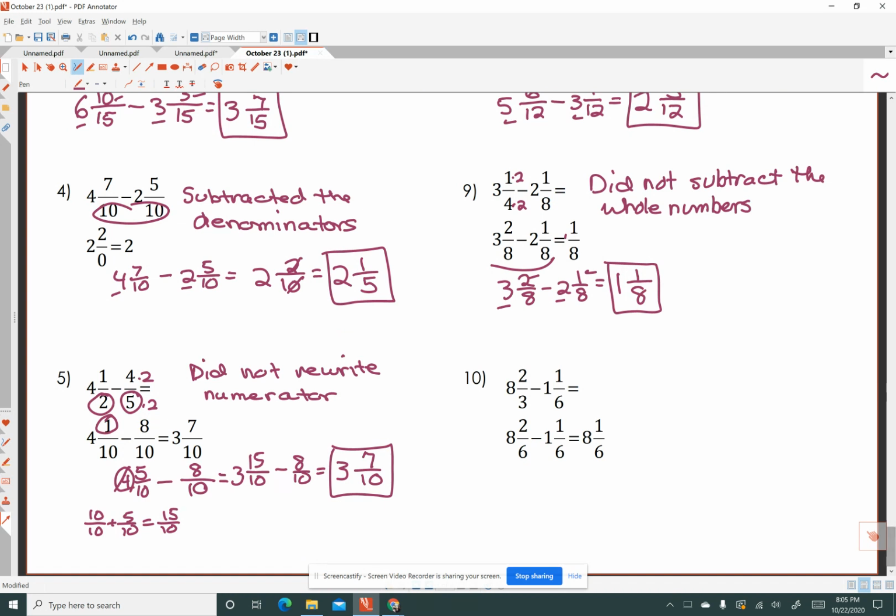Last problem. So what do you think is going on there, students? It looks like they did not rewrite the numerator. They changed the denominator, but they did not rewrite the numerator.